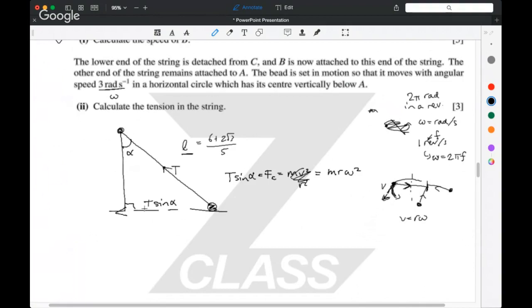So therefore this radius is going to be L sine alpha as well. So that's r, and that's all we need. We get that T sine alpha is equal to m L sine alpha omega squared. The angles cancel, and there you have it, T equals m L omega squared. We have all these things, so we just plug them in and work it out.